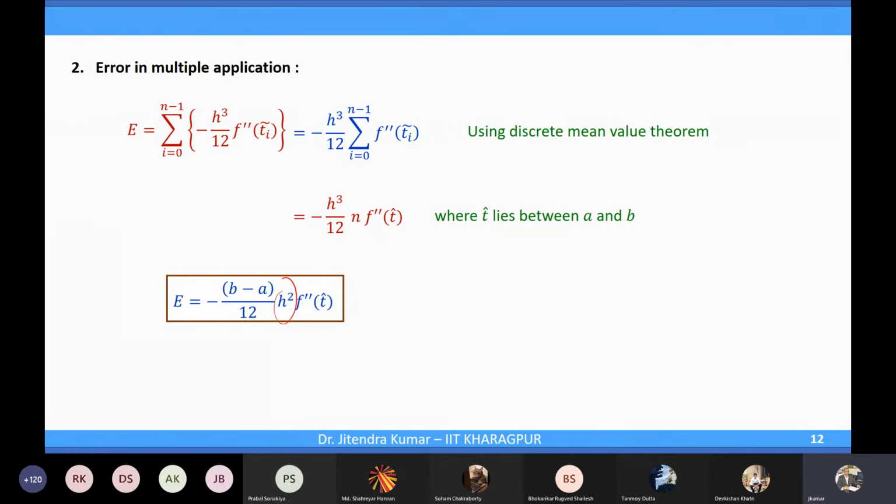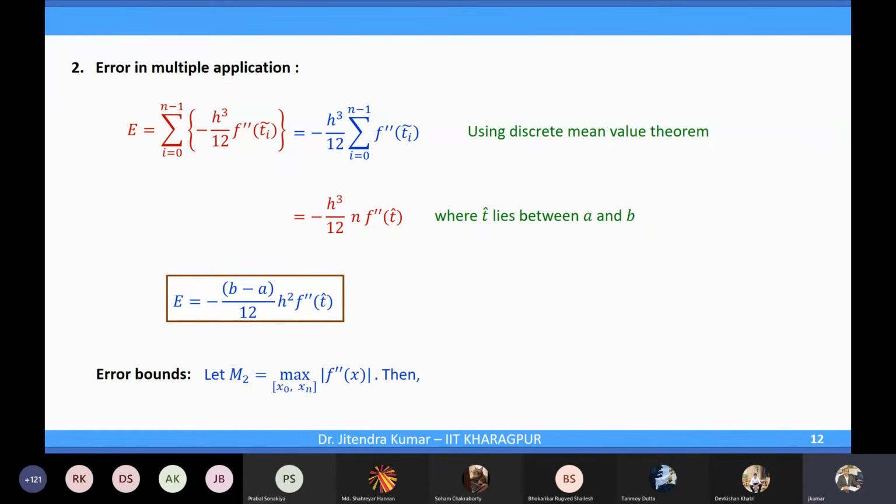So it's a quadratic kind of convergence which you see in this trapezoidal rule, and that is not bad. With just the simple consideration of replacing the curve within the given interval by a straight line, your error is reduced by h square, where h is the step size. So this is the error.